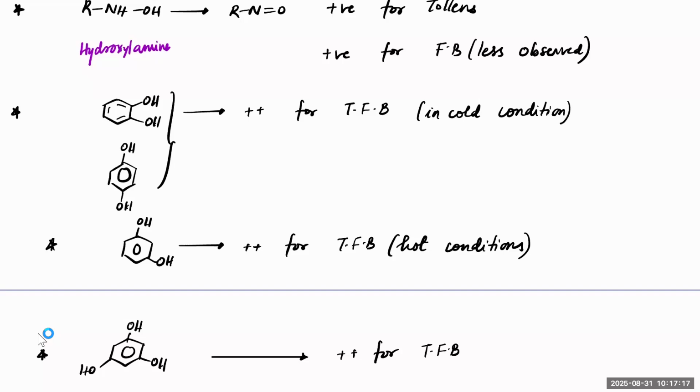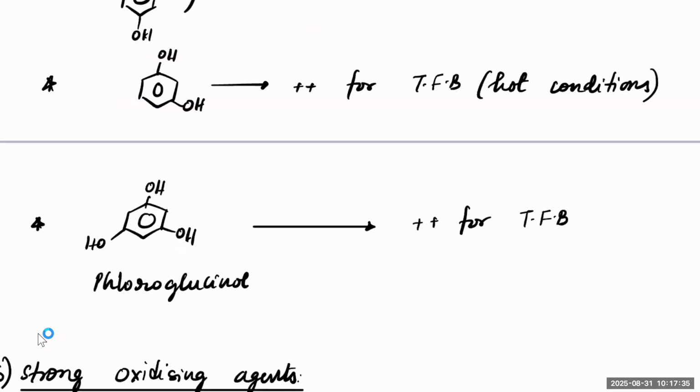See, if you have catechol and quinol cases, here it will give a positive test with Tollens, Fehling's, and Benedict's, but only in cold condition. Okay, but if you have it in this case here, right, this will give a positive test, which is called resorcinol. Okay, the name is resorcinol. So with resorcinol, you will get a positive test with Tollens, Fehling's, and Benedict's.